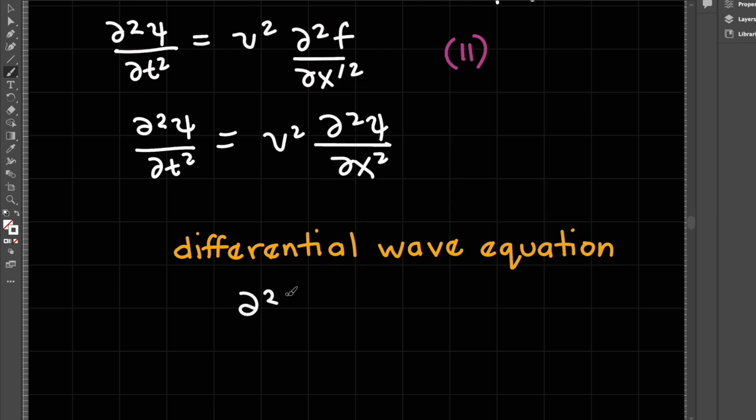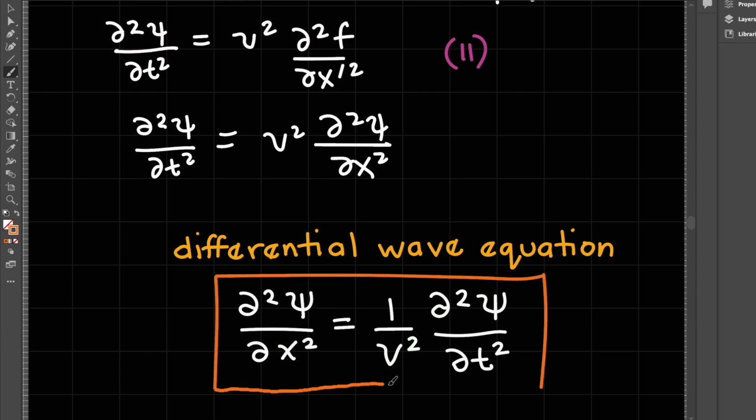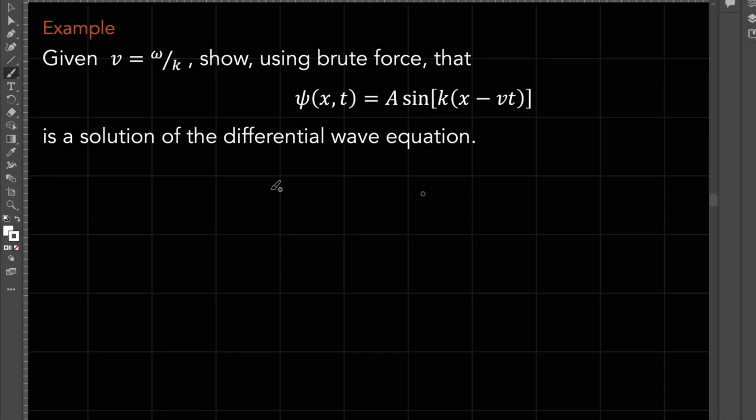Now, we have derived the one-dimensional differential wave equation. So as an example, given v equals omega over k, where v is the wave speed, omega is the angular frequency, and k is the wave number, show using brute force that psi of x, t equals A sine of k quantity x minus vt is a solution of the differential wave equation.